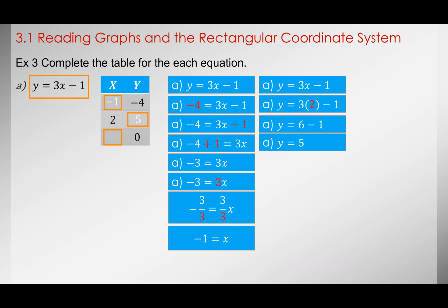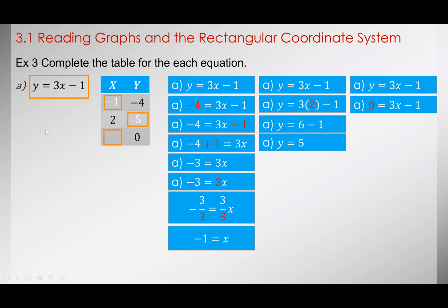And lastly, we just plug in 0 for y. The careless mistake that I know my students make is they plug in the number for the wrong letter. Make sure that you plug into the right corresponding letter. If I plug in 0 here, my problem is this: 0 equal to 3x minus 1.